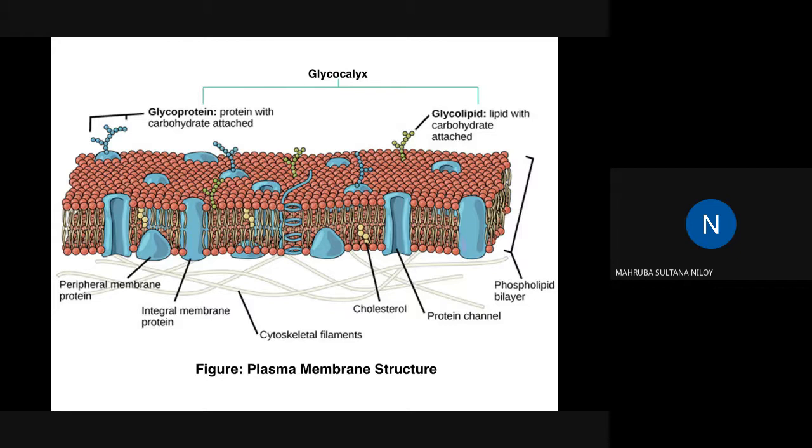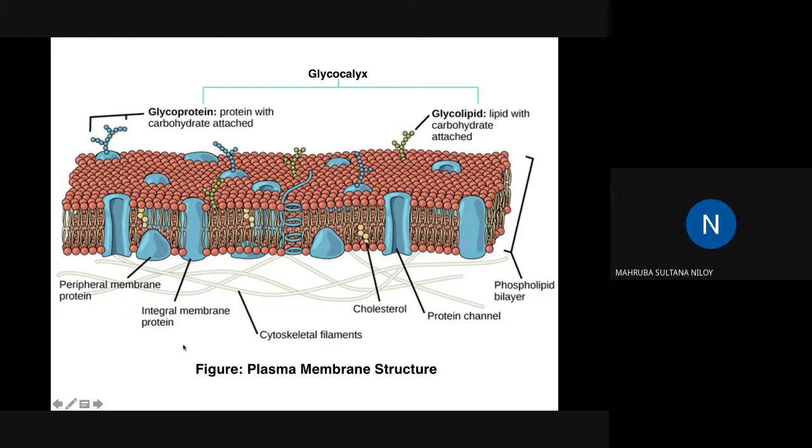They are conjugated with proteins or lipids. Is it clear? In combination, they are called glycocalyx. So glycocalyx means glycoprotein and glycolipid. Is it clear?